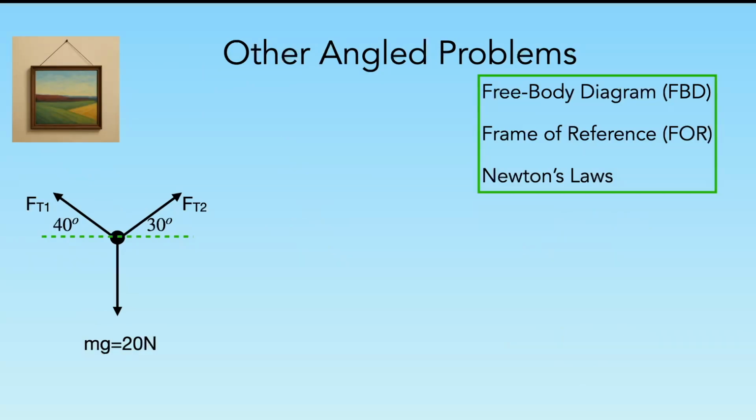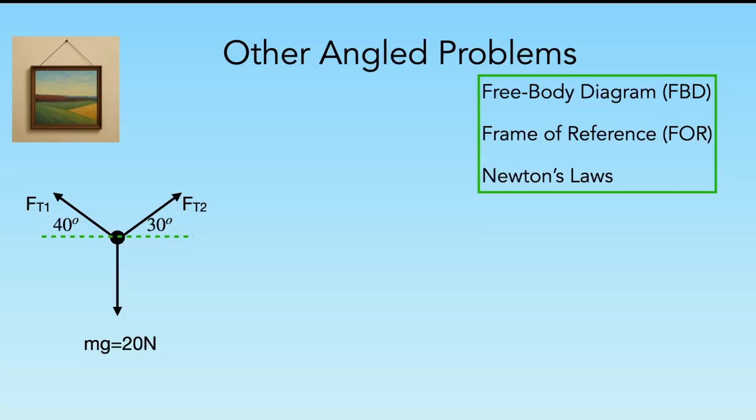Now let's look at other angled problems. This isn't so bad. This is static. So in other words, we've got this picture hanging on a wall. And if we draw the free body diagram for the picture, we have one wire going up at an angle. I'll call that FT2. That's actually the left wire in the picture, right? And one FT1. That's over on the right side, but pointing up to the left.